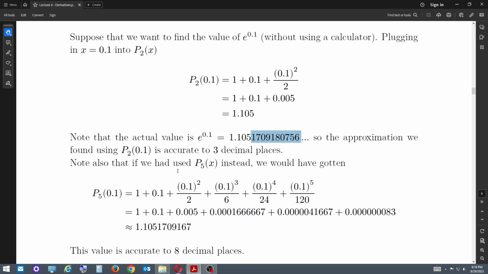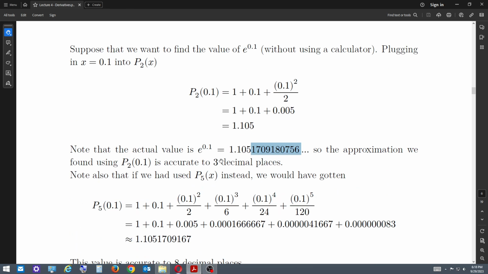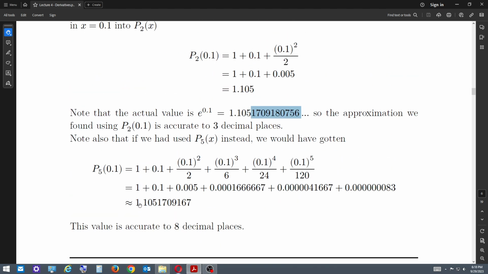If we look instead at the 5th degree polynomial, P5, again, we take our P5 polynomial, substitute x as 0.1, and this is what we get. So we could compare this to the exact value. We have 1.105, 1709, 1, but then after that, this is different. So here we have a 6, 7, and here we have 8, and then some other digits.